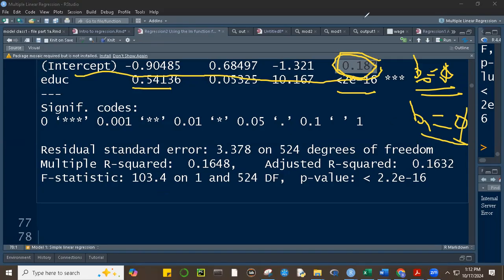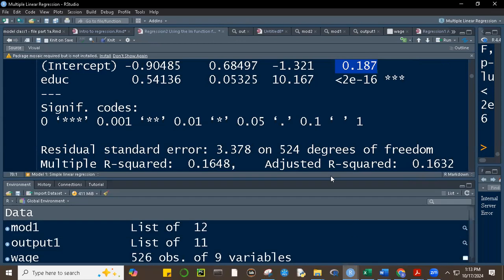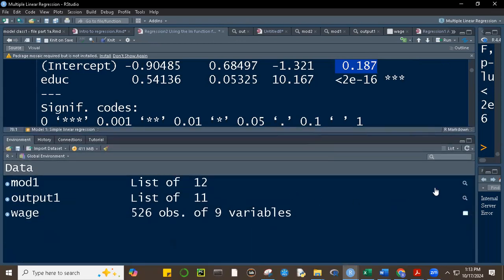Okay, going back to what I was mentioning about the predicted value and the residual, because that's very important. Let me go back to our mod 1.